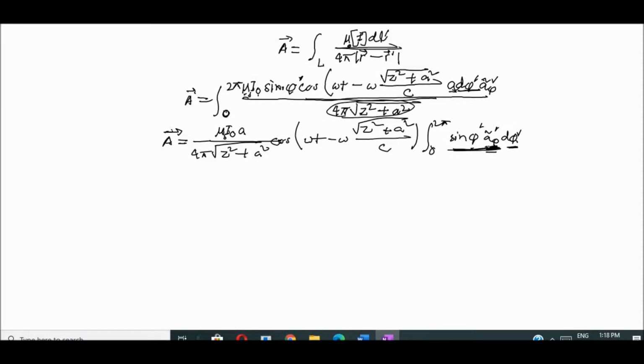To convert this, I write a phi with respect to ax and ay. So a phi basically is equal to minus sine phi ax plus cosine phi ay.